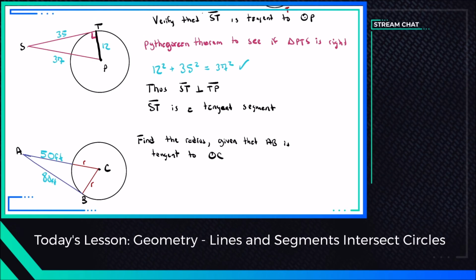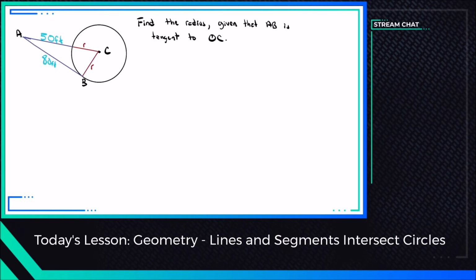circle C. So since we know that AB is tangent to circle C, we also know that this has to intersect at a right angle, because it has to be at a right angle to that radius. And because this is a right triangle, we can now use the Pythagorean theorem.